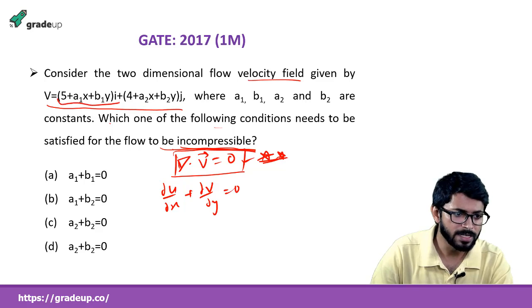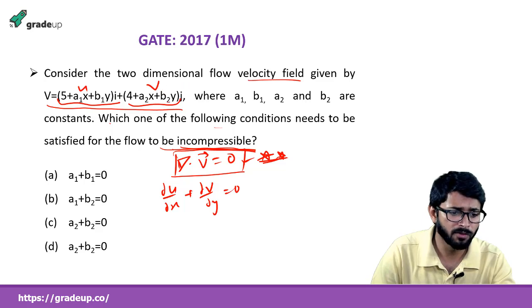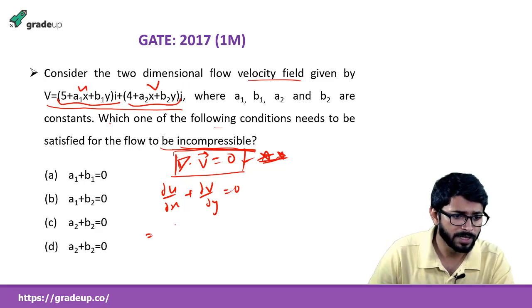Here it is u and it is v. We have to find the partial derivative of u with respect to x and the partial derivative of v with respect to y. If we differentiate with respect to x, the other terms will be cancelled out, and only a1 will remain. Plus, with respect to y, the other two terms will be cancelled out, and only b2 will remain, which is equal to 0.